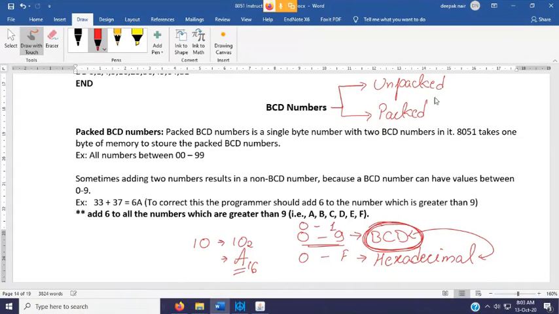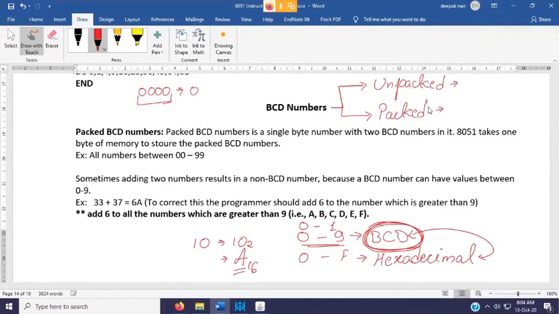For example, if I write 0, 0, 0, 0, then it will be representing 0. And for any other number between 0 to 9, we can use 4 bits to represent those BCD numbers. So what is unpacked BCD and what is packed BCD?